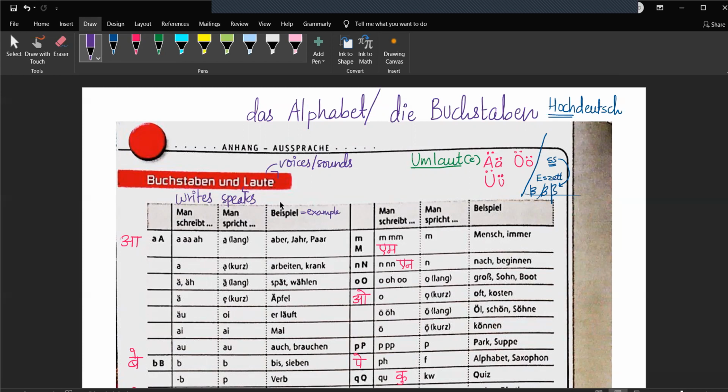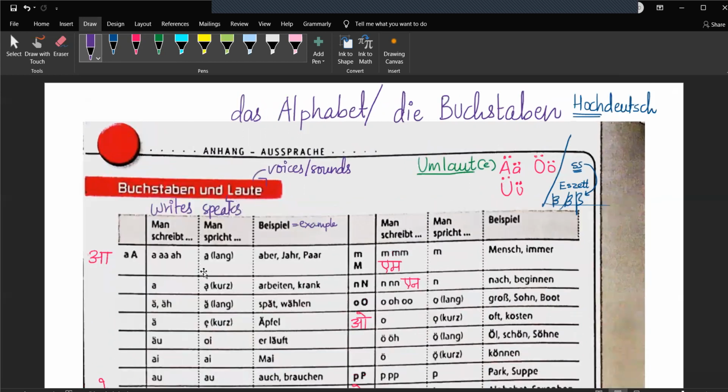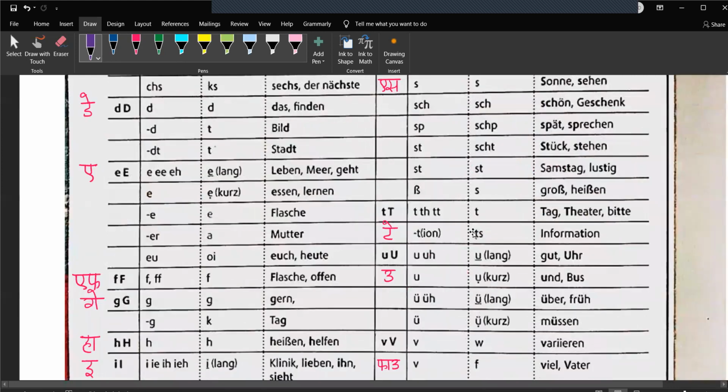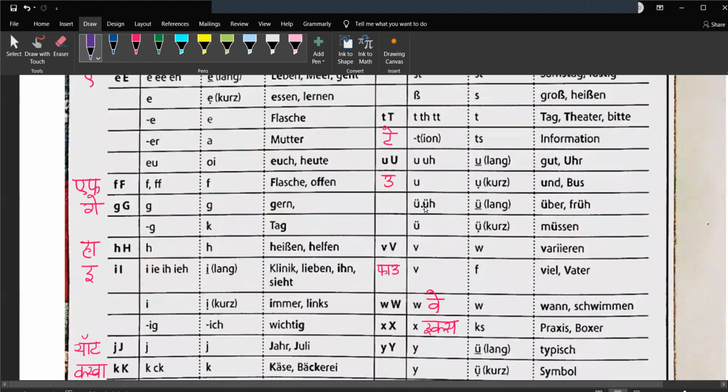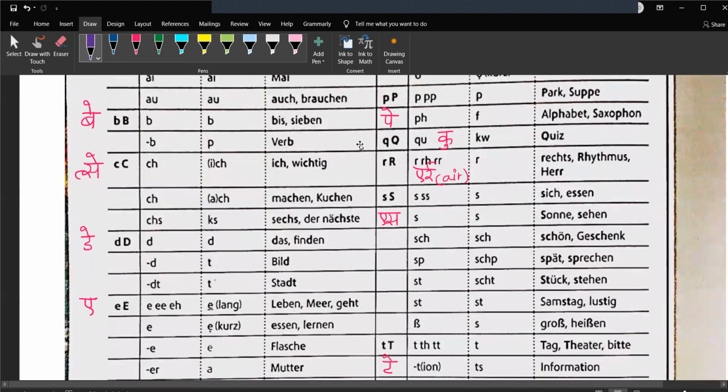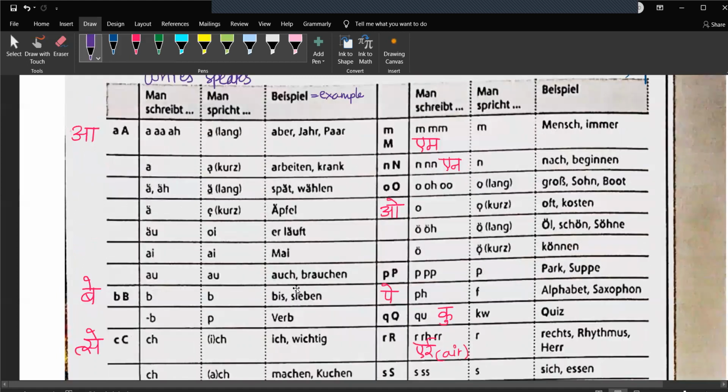If you take a look at how one writes it, you're also going to notice that the umlauts, that is A umlaut, O umlaut, and U umlaut, are put under the same main vowel. There isn't a special row for it. And same with SZ, you are going to see it along with S, not separately.